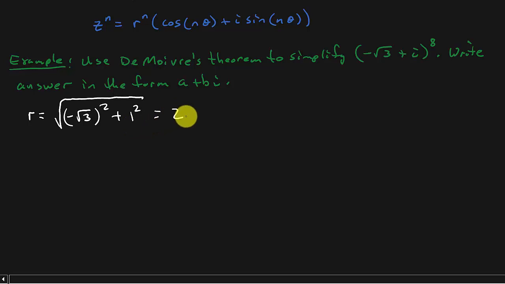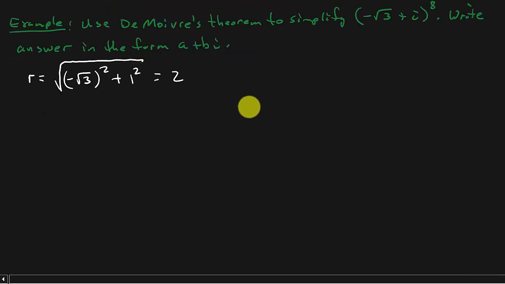Square root of 4 is 2. All right, so that's r. Now we've got to find theta. So tangent theta is equal to b over a. Well, b is 1 and a is negative square root of 3. If I rationalize the denominator, I get negative square root of 3 over 3.